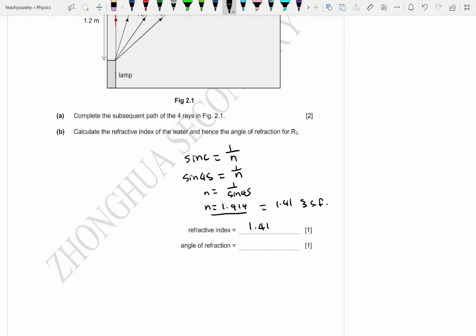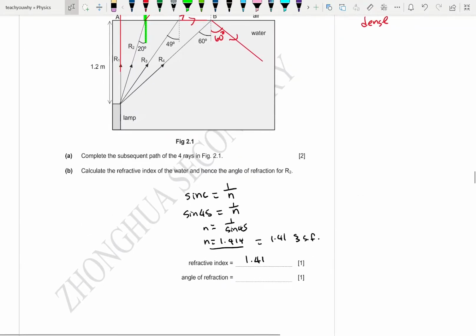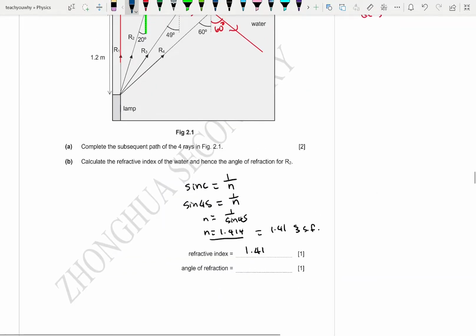So how do we calculate the angle of refraction? Most students always make a mistake. They are trigger happy. They put sine I over sine R equals n. Now this is wrong.